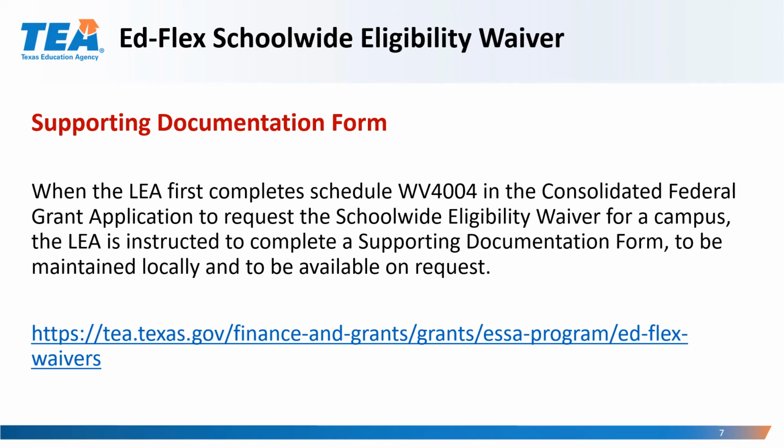When the LEA first completes Schedule WV 4004 in the Consolidated Federal Grant Application to request the school-wide eligibility waiver for one of its campuses, the LEA is instructed to complete a supporting documentation form to be maintained locally and to be available upon request.